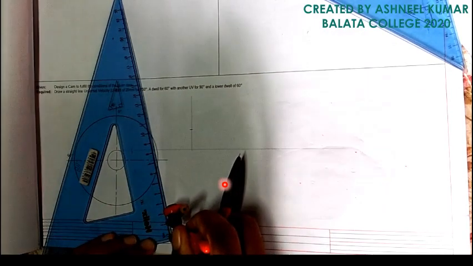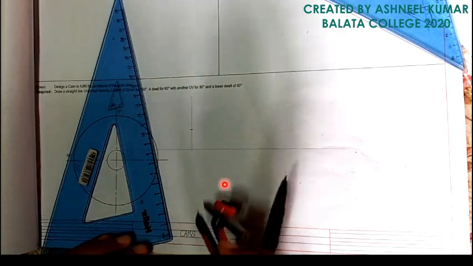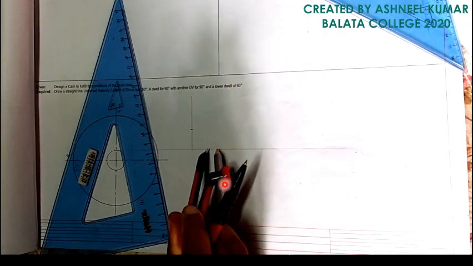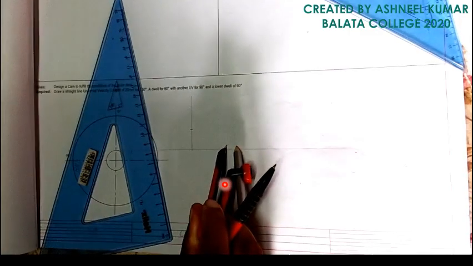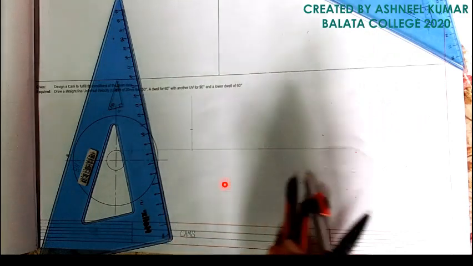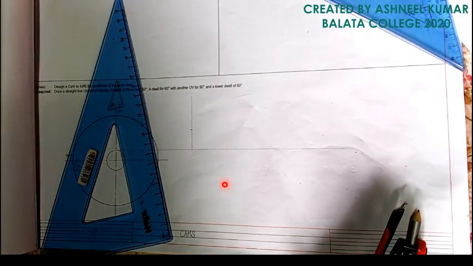You can take any distance, but we'll try to take it constant as 10 mm. You can mark it 12 times. Once you mark 10 mm 12 times there, using the height of 20, you can make one rectangle.